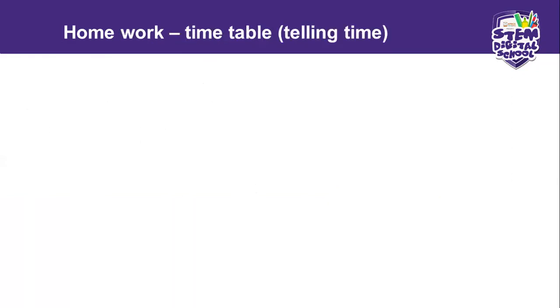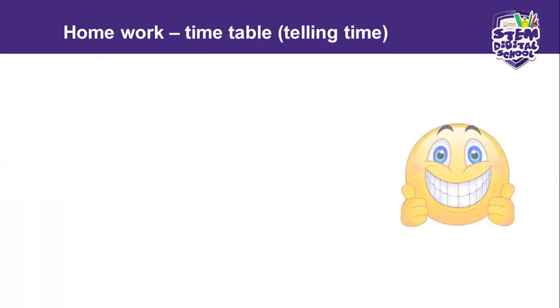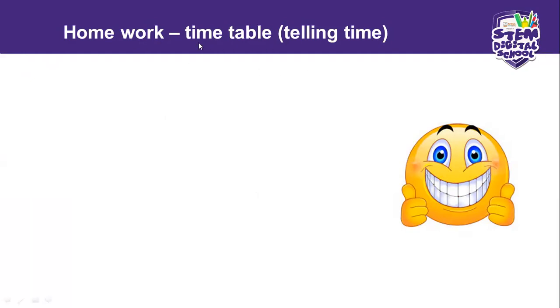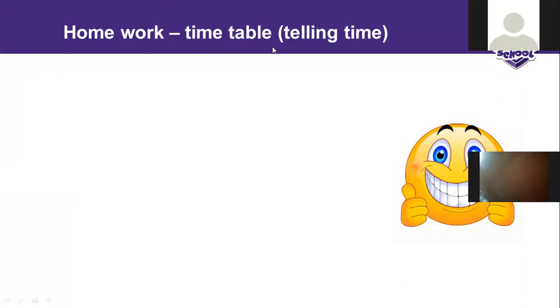Let's see what's next for homework. Remember we said that even a timetable is a form of data representation or data handling. So what I want us to do, I want to see if you can tell time, grade 3s, okay?